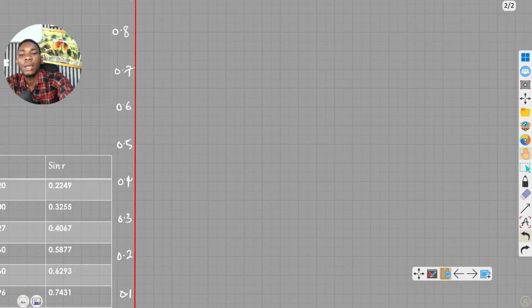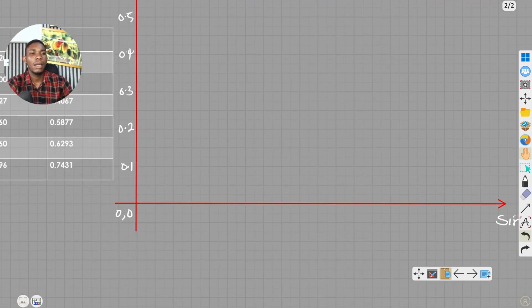So we can start putting in our values: 0.1, 0.2, 0.3, 0.4, 0.5, 0.6, 0.7, 0.8, 0.9. These are your values at the end of the day.